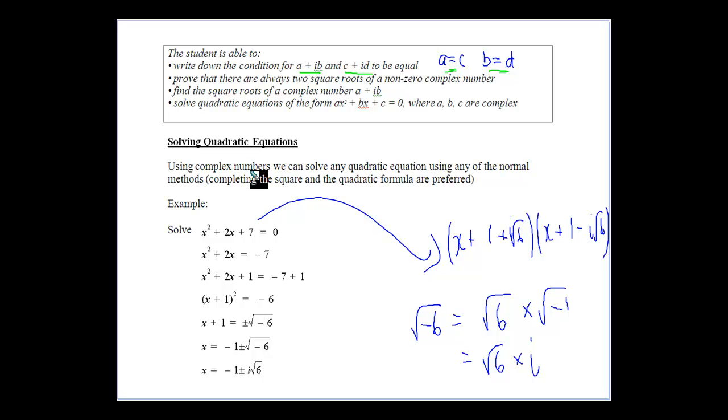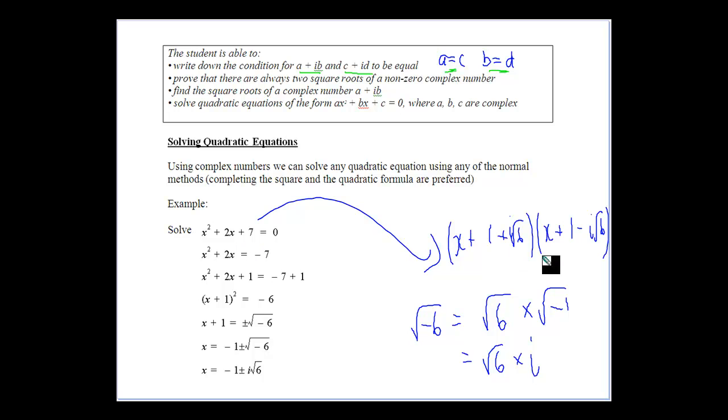Unfortunately, because a lot of these ones are going to give us complex solutions, we're really going to have to go back to completing the square or the quadratic formula, whichever one you want to use, because it's not going to be able to factorize. If you can see the solutions to this one, minus 1 plus or minus i times root 6, that's not one you're going to pick out as roots nicely to factorize.